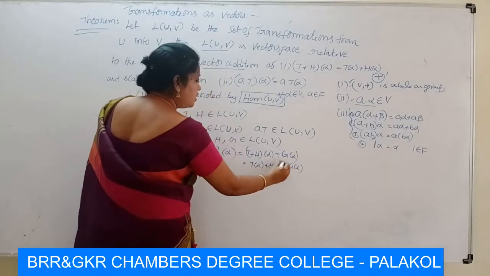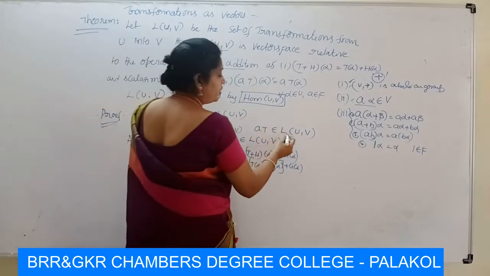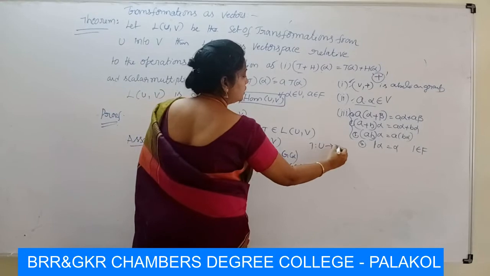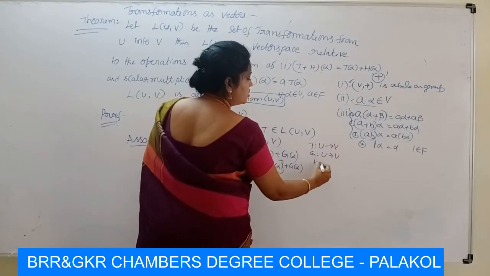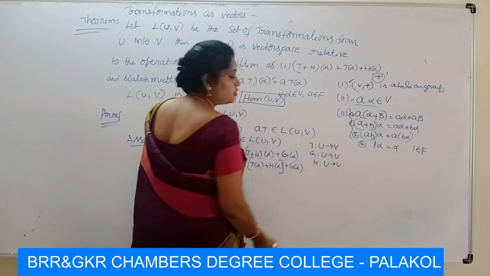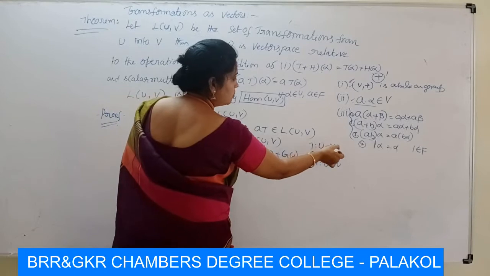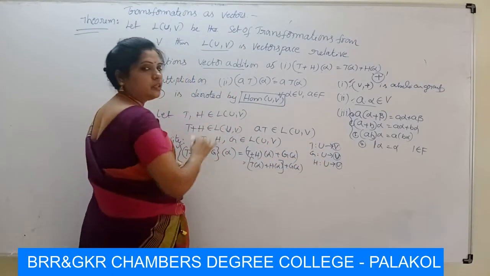So these 3 are the vectors of V, because every transformation is a mapping from U to V. So G is also a mapping from U to V, and H is also a mapping from U to V. So you take an alpha, an element of U, then their images also belong to V. So all these are elements of V.